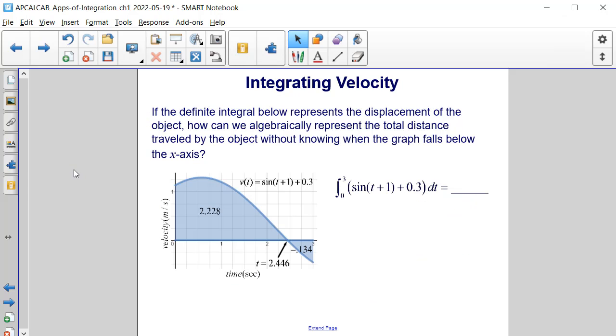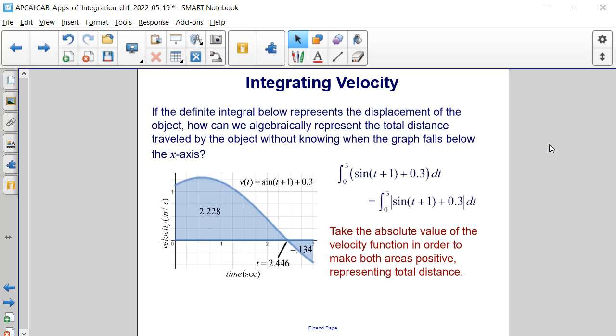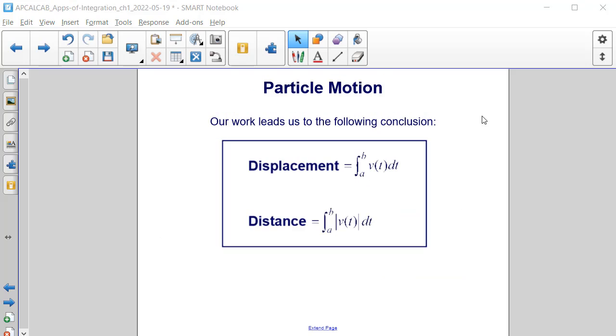If the definite integral below represents the displacement of the object, how can we algebraically represent the total distance traveled by the object without knowing when the graph falls below the x-axis? We can actually find this value by taking the absolute value of the velocity function in order to make both areas positive, and therefore would represent the total distance.